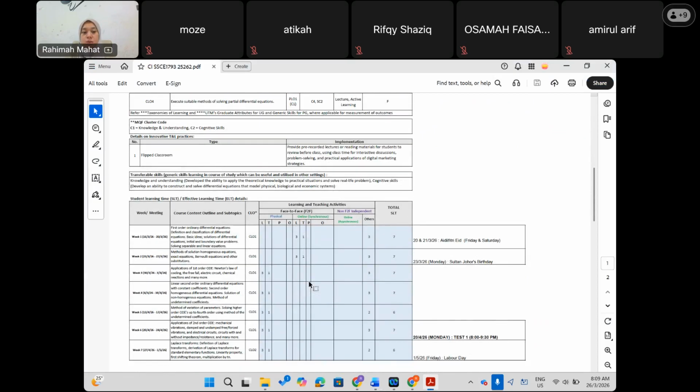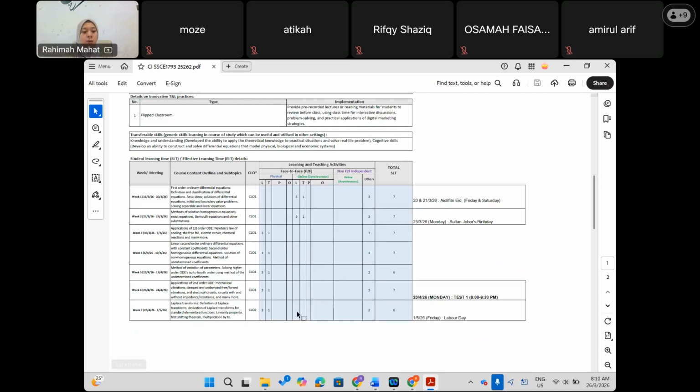There are 5 chapters in your syllabus, where we have the ordinary differential equation (ODE) for the first order, the linear differential equation for the second order, and for the higher order, you have the Laplace transformation and the Fourier series. All the chapters are included in that book, Differential Equations.